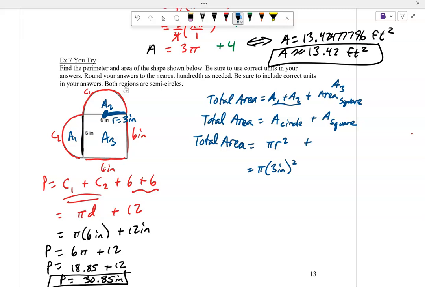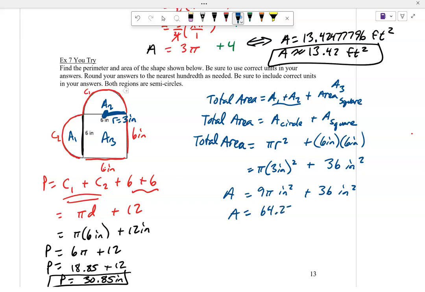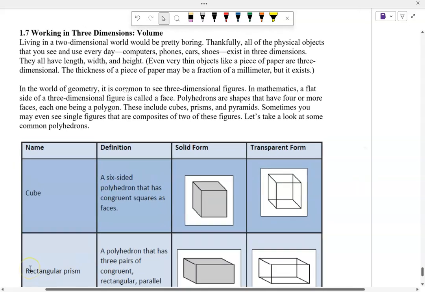Now the area of the square is base times height, 6 inches times 6 inches, so I got 36 square inches for the area of the square. Now 3 times 3, 9 pi square inches plus 36 square inches. That gives us a total area of 64.27 square inches.